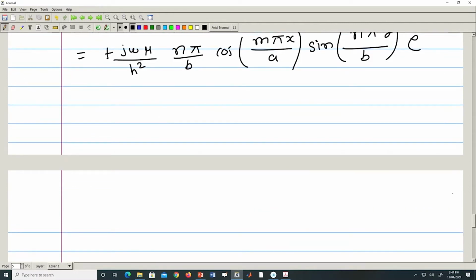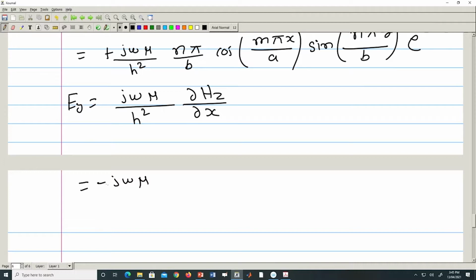So, this is for the Ex, and Ey will be j omega mu divided with h square del of Hz upon del x. This will be j omega mu by h square with minus sign, with x.